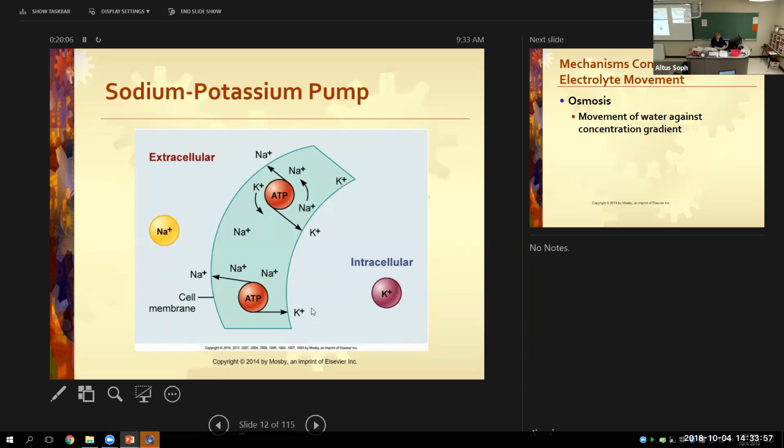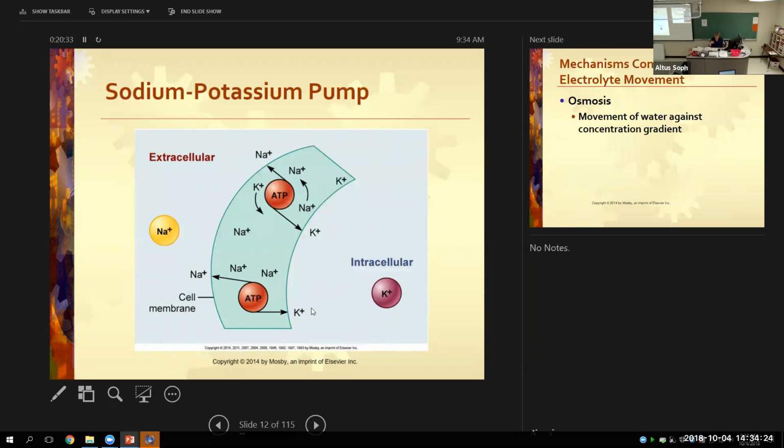In order to get heart muscle to contract, you have to have that movement of potassium into the cell and sodium out of the cell. In normal diffusion, it wouldn't want to, because there's a whole lot of potassium already in the cell. So you have to use active transport to get that potassium into the cell. Again, that's why that balance outside of the cell is so important, which we'll talk a little bit more about in a minute.